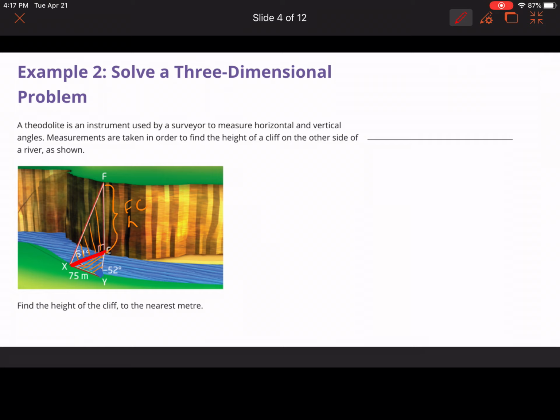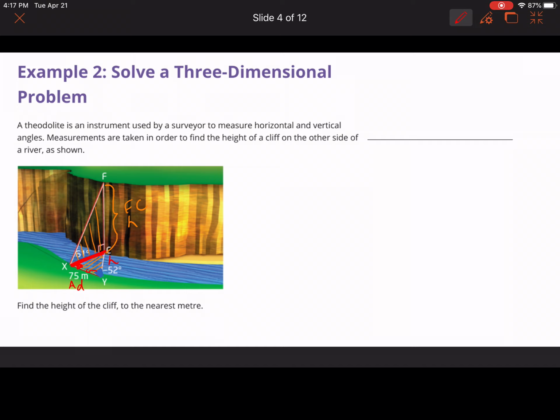From the direction of our 52 degrees, the one that's really close is the adjacent side, because our right angle is over here, making this the hypotenuse. And we need to find our opposite side.